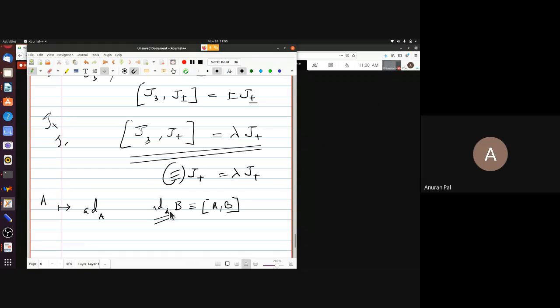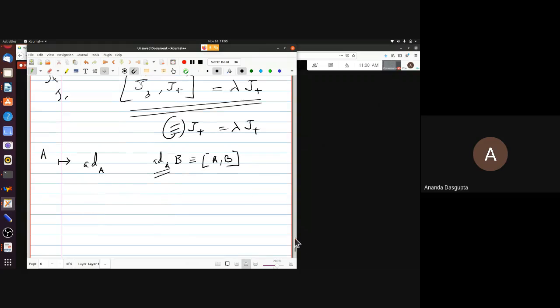Suppose I took ad A, ad B, and acted upon some Lie algebra element C. What will this be? It will be A commutator with ad B C, and ad B C is of course B comma C. What's ad B, ad A?